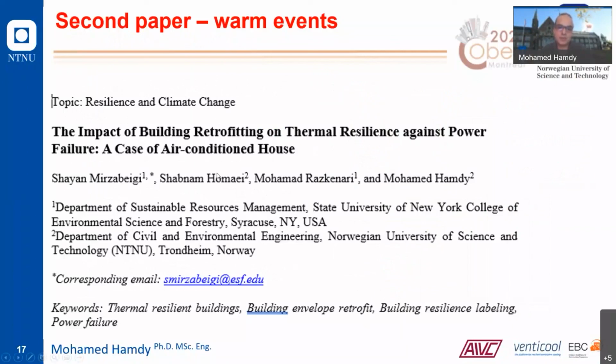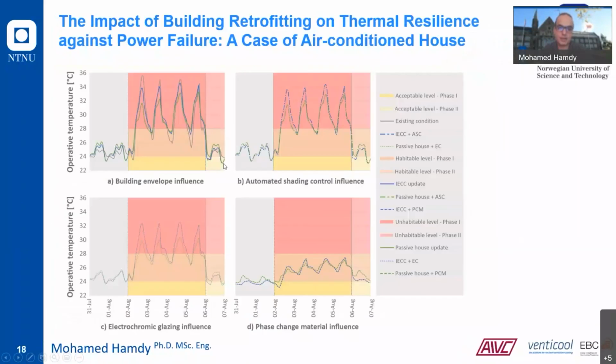After that, we applied the same approach, which fits this annex about thermal resilience, to air-conditioned buildings. The same approach is applied, but here, when there is power failure, we see temperature go up because the air conditioning doesn't work. So it's just the opposite, but exactly the same approach. We have also these 3 different levels.